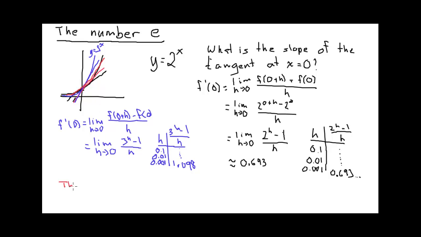Potential exponential with a slope of tangent at x equals 0 which is 1.